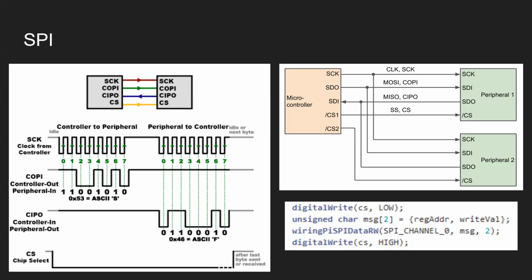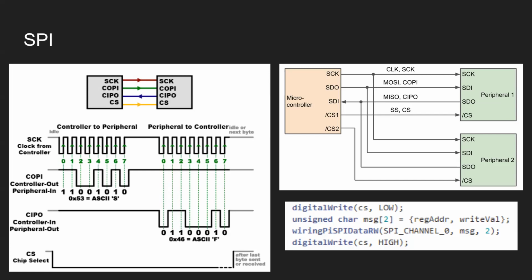Every time you want to send information, the master will bring the chip select line down low for a given device, because normally they'll all be high. The chip select is how you select which device you're talking to, because they're all wired to the same wires. The chip selects will be individual. You bring it down low to select a given device, and then you have your transmission. The serial clock will pulse on and off for a given number of bytes.